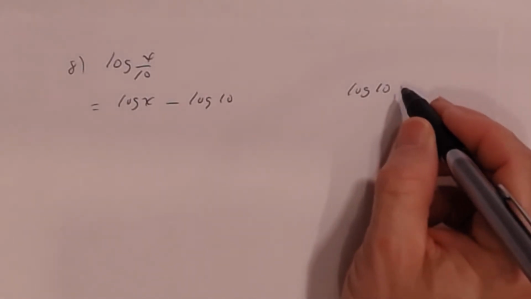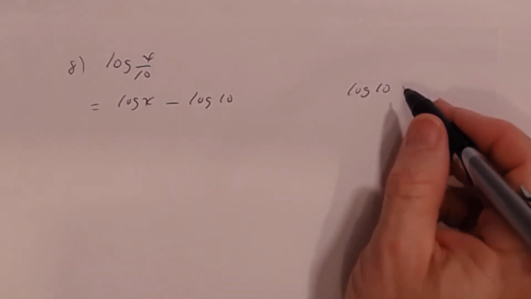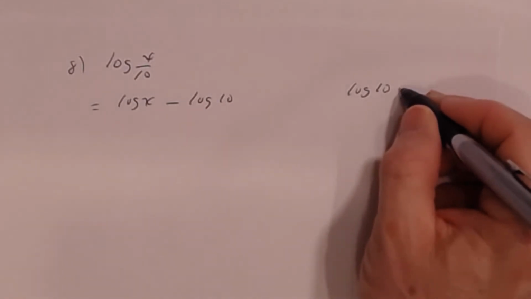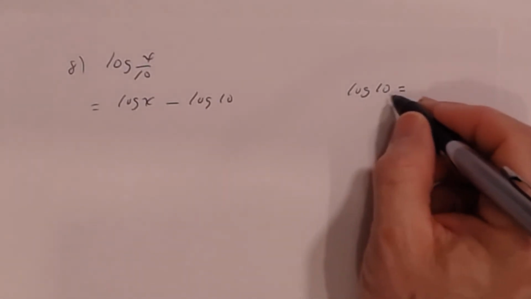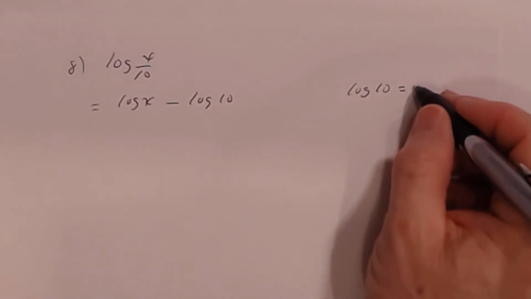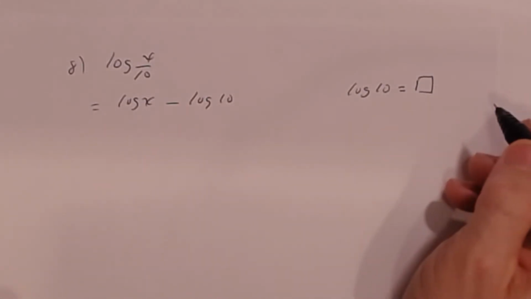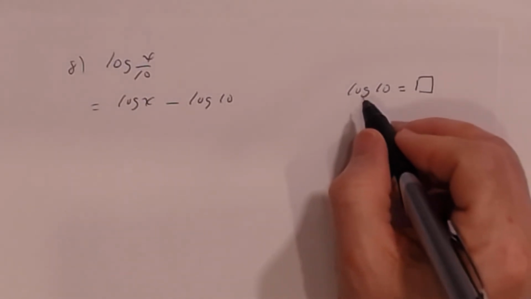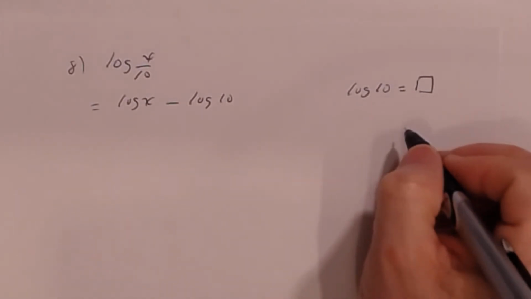Now, these problems that you've done in the past were easy types. Basically, we said, let's see what the log of 10 equals. I'm going to write this as a box. It's an equation, right? So I can change this log equation to an exponential.